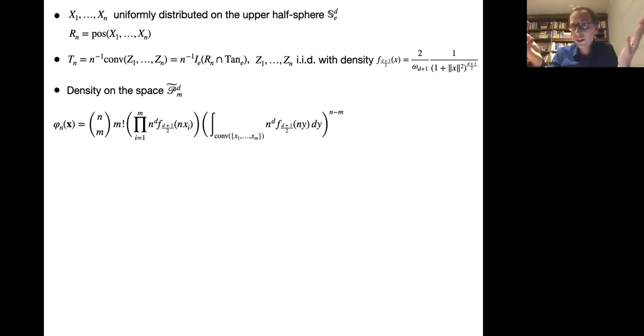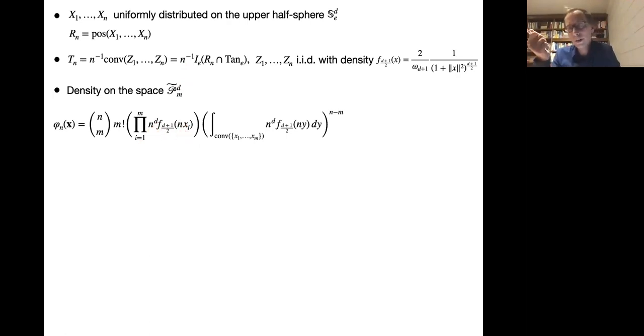Next, you have to choose the vertices according to the density by which they are distributed. This is exactly the first product here. This is the density of the vertices. And since we have a rescaling by a factor n to the -1, there's some factor n appearing here.